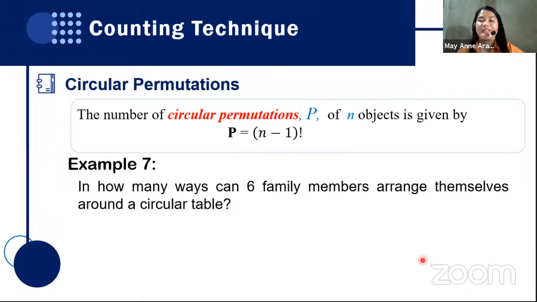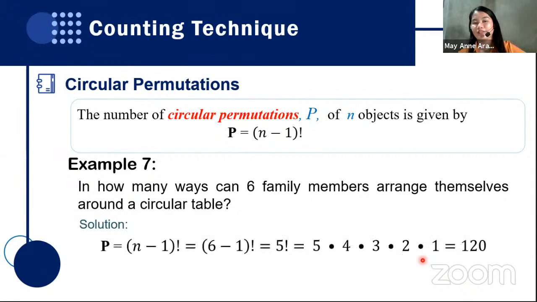How many family members are there? There are 6. Minus 1, you have 5. Then 5 factorial is 5 times 4 times 3 times 2 times 1, which is equal to 120.